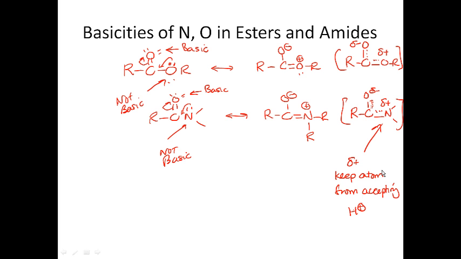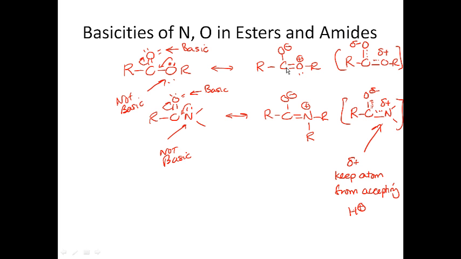And so the reason that the nitrogen and the oxygen of an ester or an amide is not basic is because you can form these resonance structures, and therefore you can have a delta positive charge on those two atoms. Now I'm going to come back to this in a few minutes.